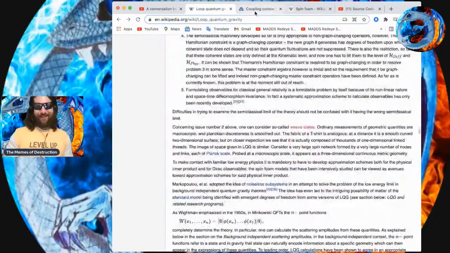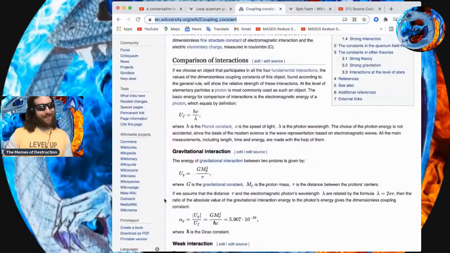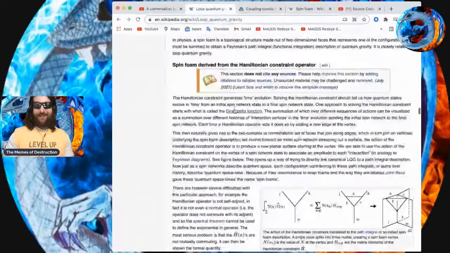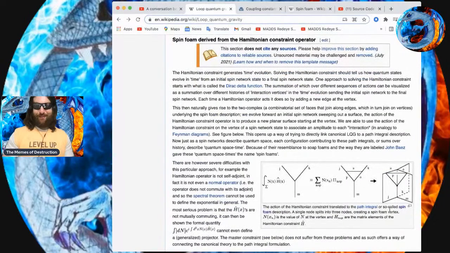Spin foam and everything, so we'll pop over here, because he was talking about the coupling constant. All right. A coupling constant or an interaction constant is a parameter in a field theory which determines the relative strength of interaction between particles or fields. In quantum field theory, the coupling constants are associated with the vertices of the corresponding Feynman diagrams. Oh. You mean basically this stuff? The path integral?